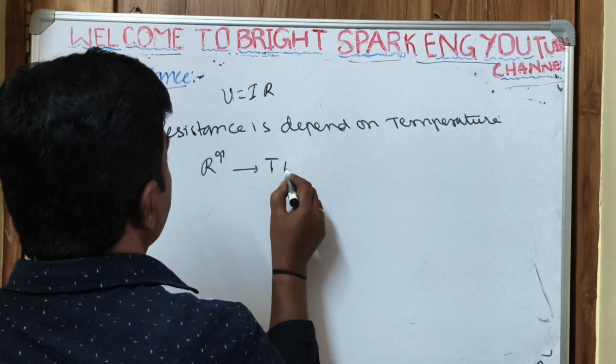The temperature formula is R of T is equal to R naught into 1 plus epsilon into T. Here R of T is the resistance at temperature T, and R naught is the initial resistance.